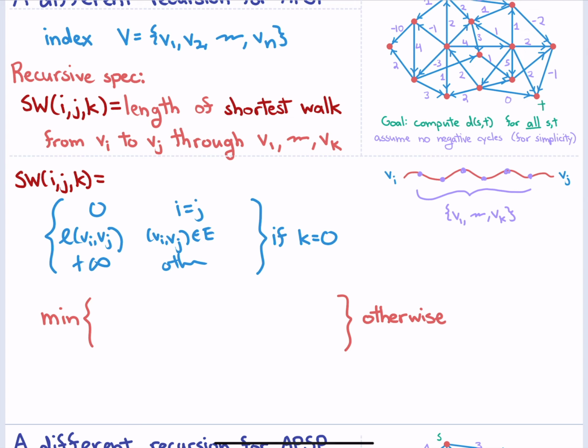Now let's look at the inductive step. So k is at least 1. Let's say k equals 10. You know how to get all the shortest walks using vertices 1 through 9. Now you're allowed to use vertex 10.